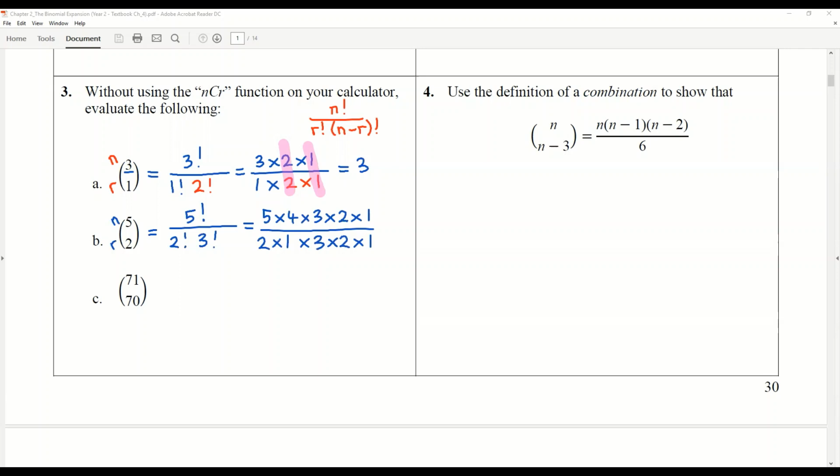So this is going to create a lot of cancelling. Now notice that we've got the 3, the 2, and the 1 again. They're gone. But I've also got some cancellation between the 4 and the 2. So I can cancel this down to 2 and this to 1. So what I'm left with is 5 times 2, which is 10, over 1 times 1. So it's going to be 10.